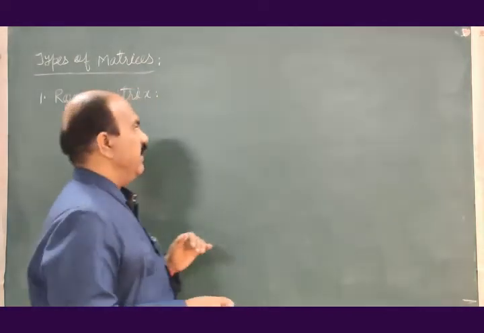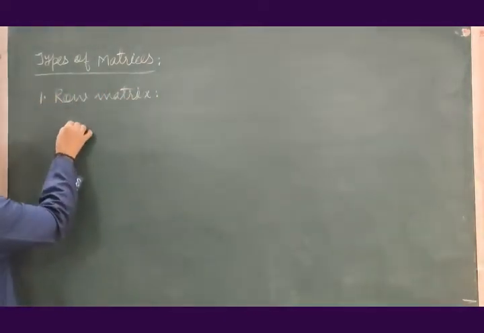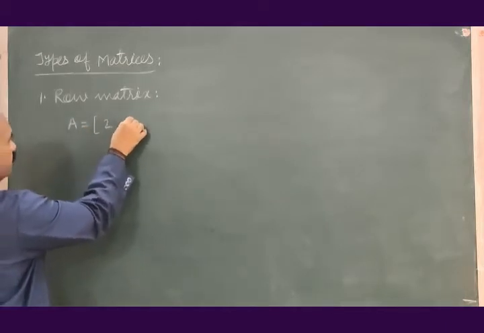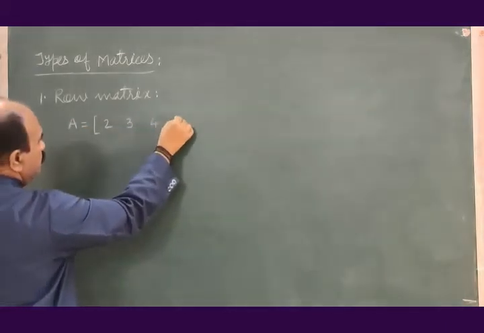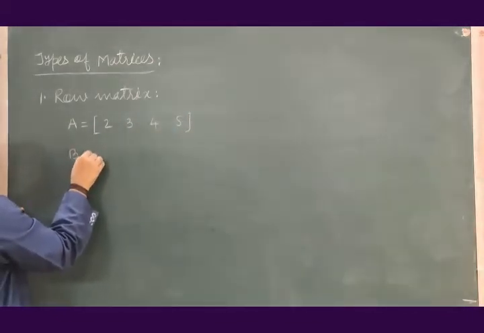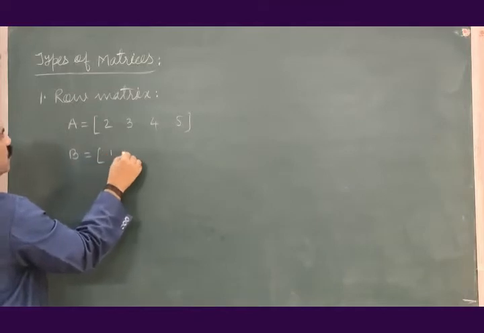For example, row matrix A is equal to, other row matrix B is equal to.